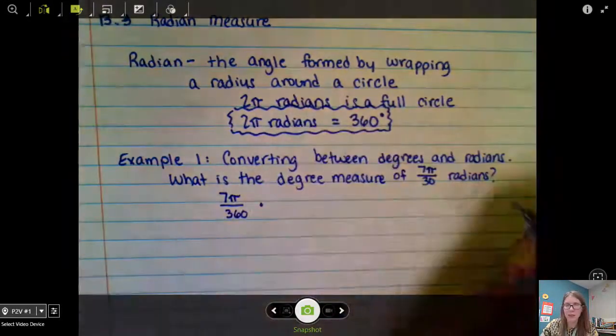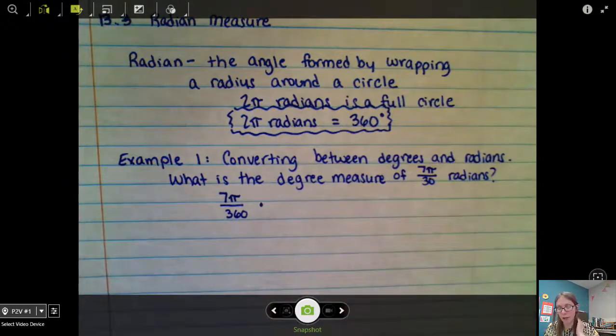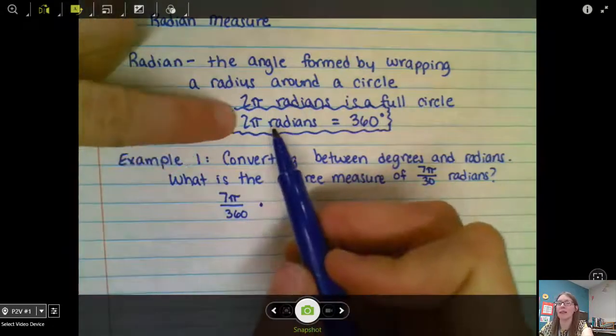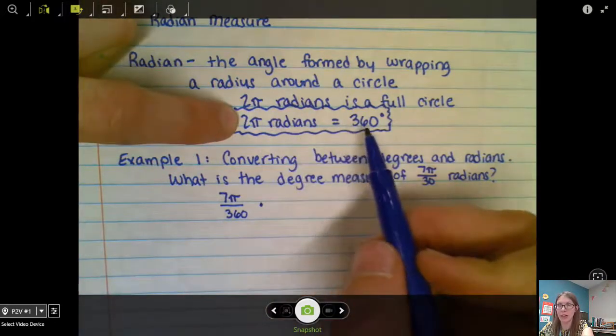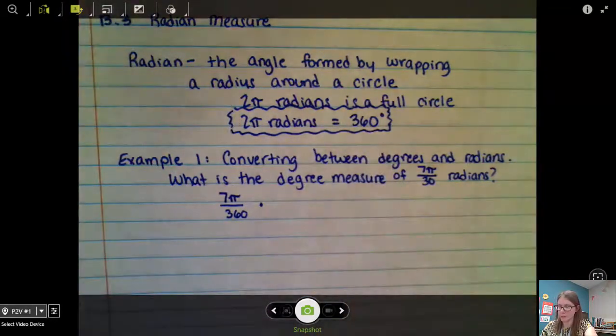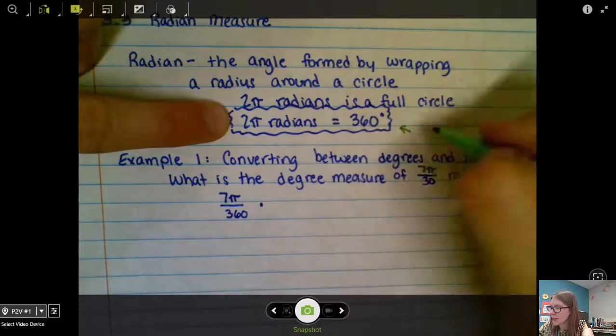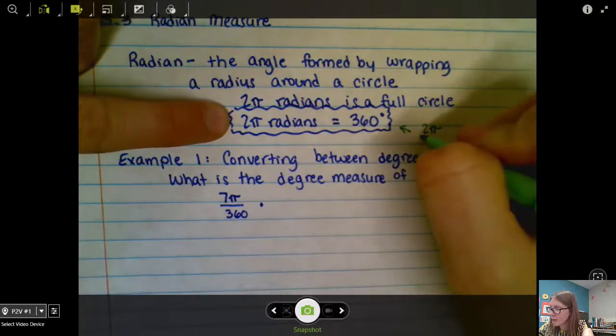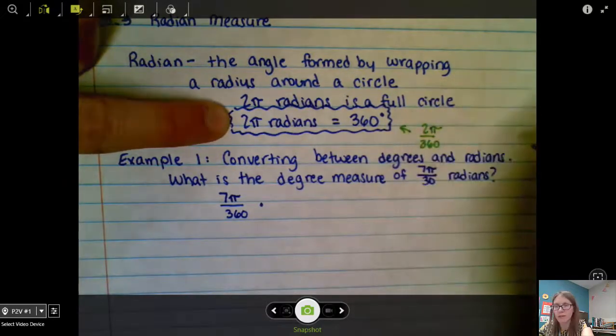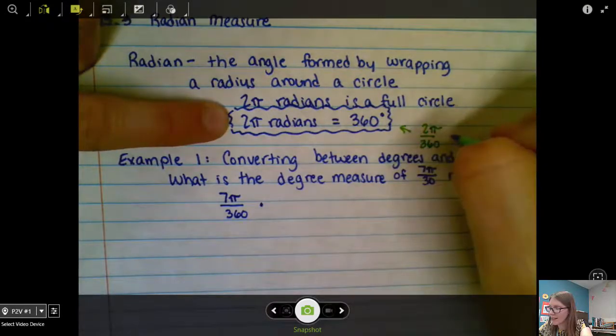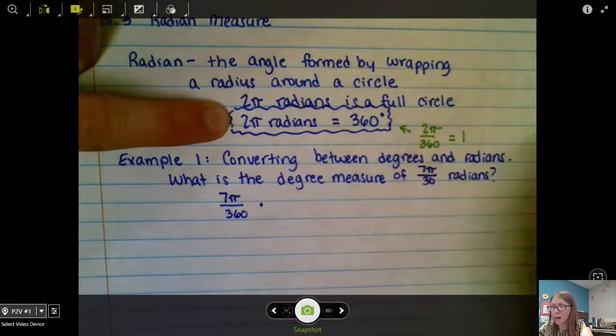And we want to multiply by some conversion factor. Now, our conversion factor comes from the fact that 2 pi radians equals 360 degrees. So if 2 pi radians equals 360 degrees, that means 2 pi over 360 is the same thing as 1.